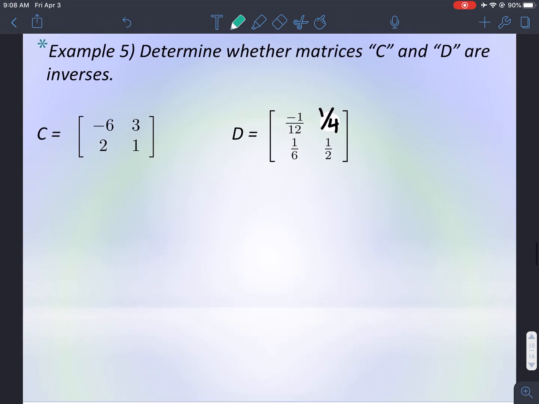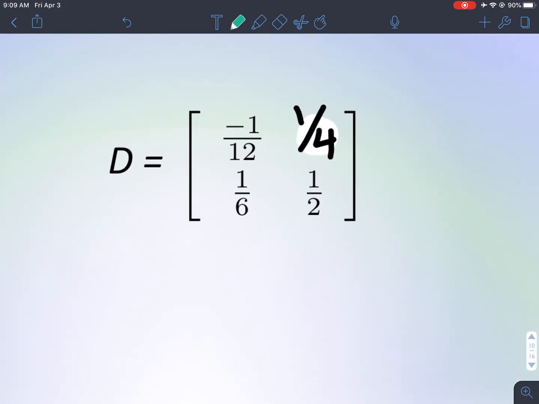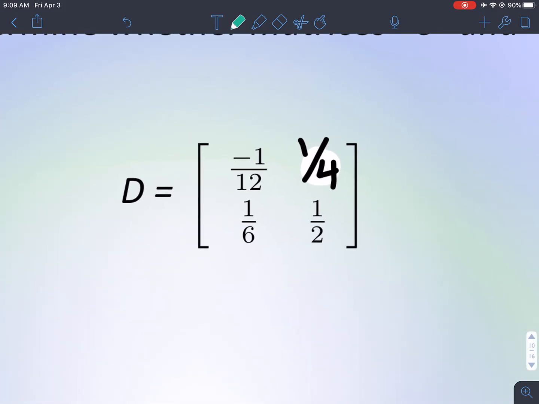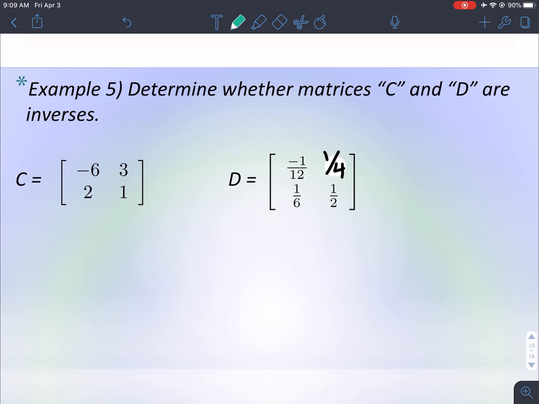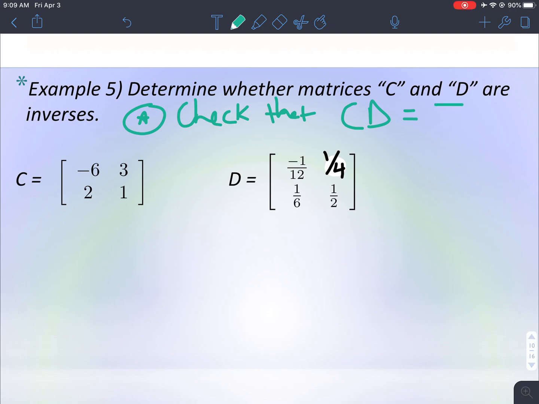Our first example, check if two matrices are inverses. I want you to make sure that you change the top right entry in D to 1/4. And we are going to check that C times D equals I. Those are some strange letters, but let's try it.